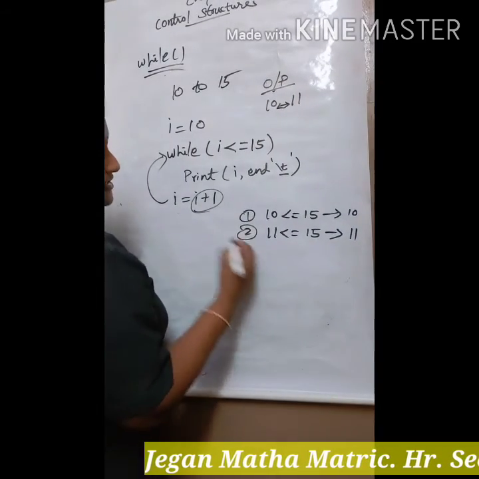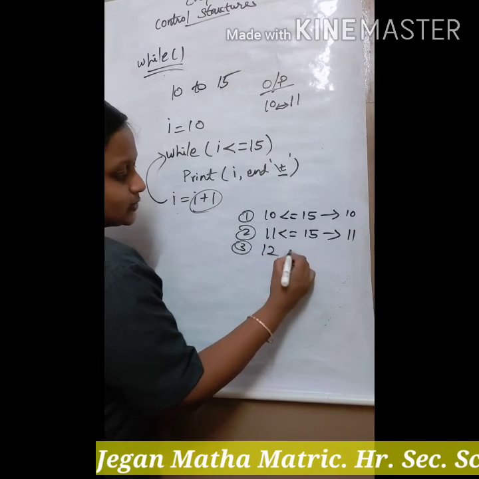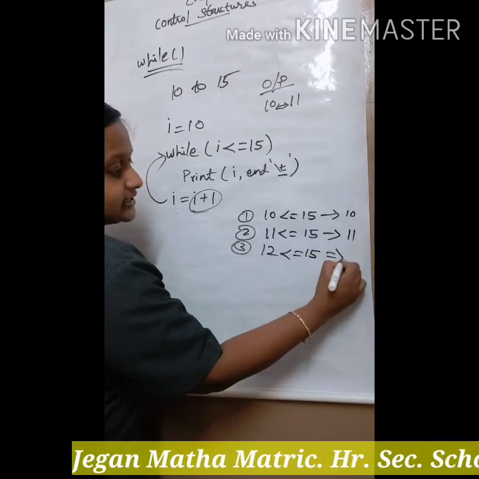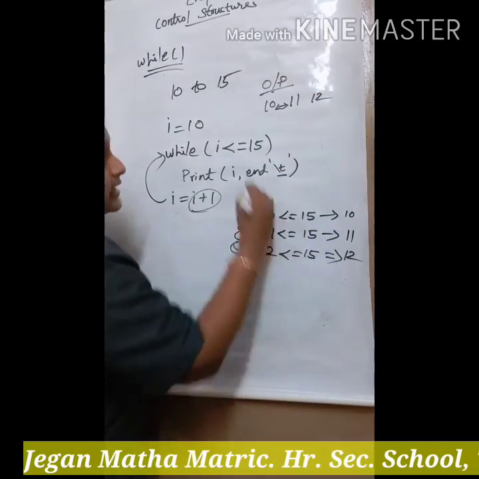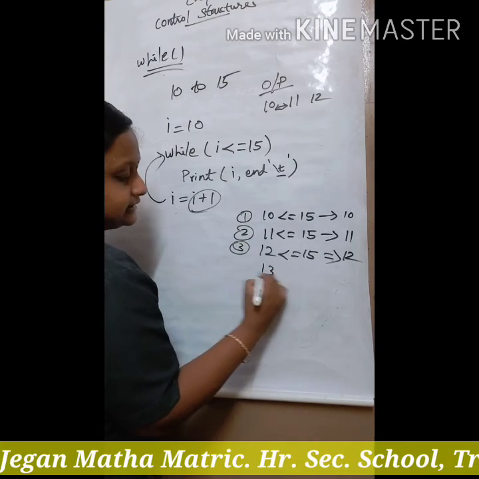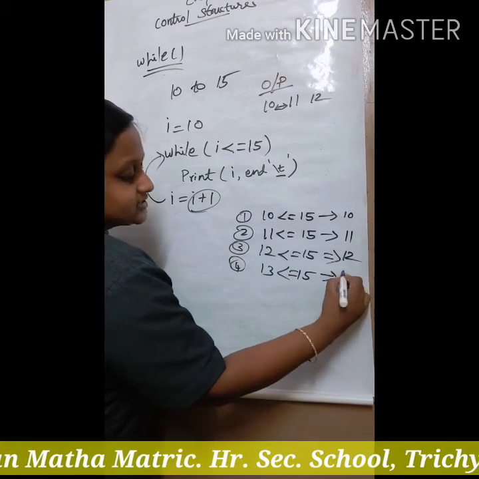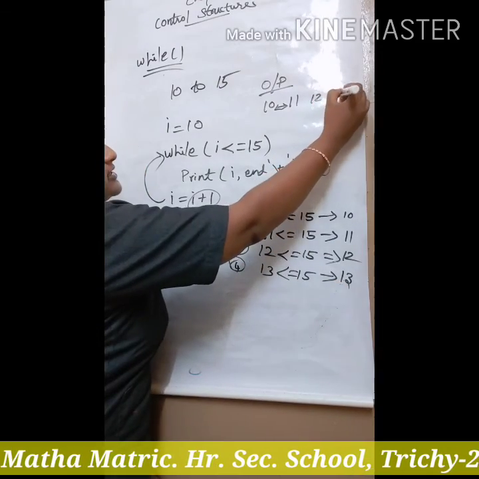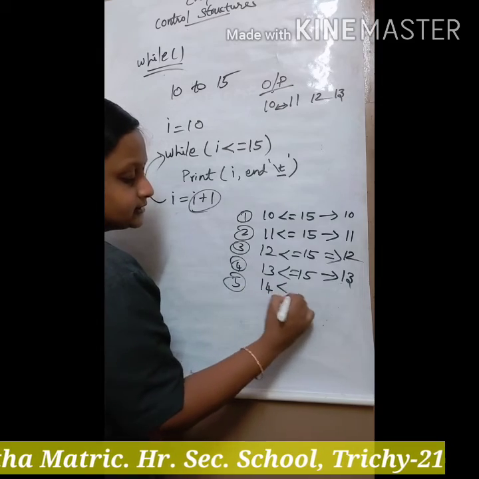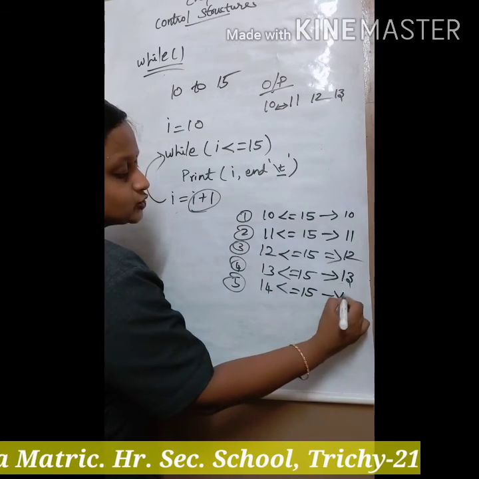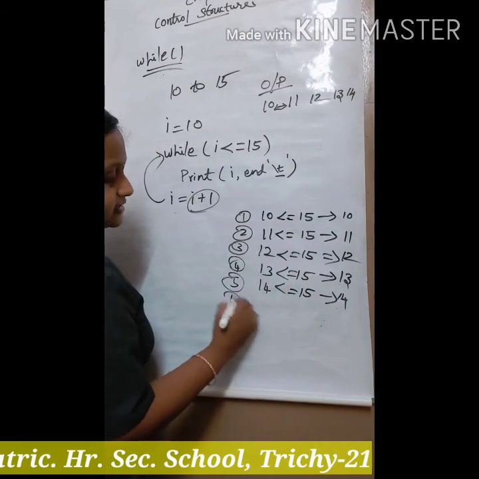Okay. Next, the third one. Again, 11 plus 1 is 12. Again it checks the condition. The condition is true, it prints the 12 value, and again 12 plus 1 is 13. The condition is true, again it displays the 13 value, and checks the next condition. 13 plus 1 is 14. The condition is true, so it prints the 14 value, and again it checks the condition.